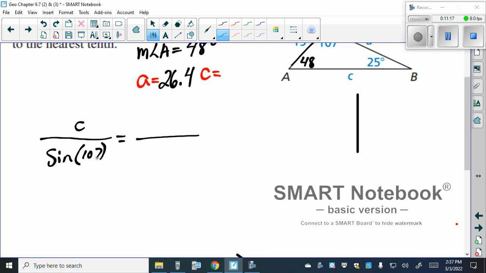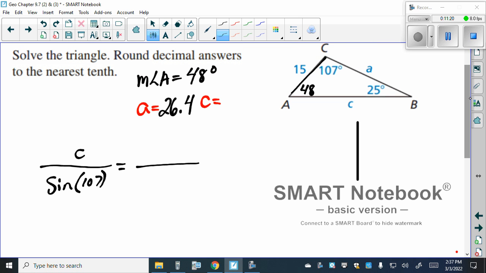And this is equal to, well, we do now have two side lengths because we've said A is 26.4, yes? I'm going to still stick with 15. And 15 would be over sine of 48, yes?